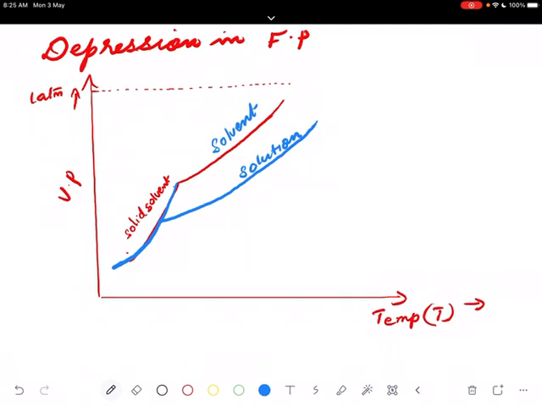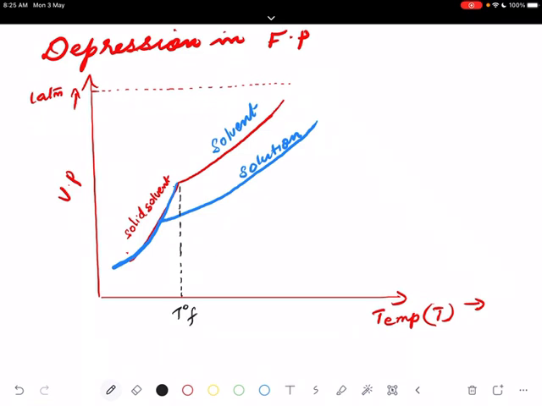Now, what is the freezing point of pure solvent? Freezing point of pure solvent, I can write it as T naught F, pure solvent.